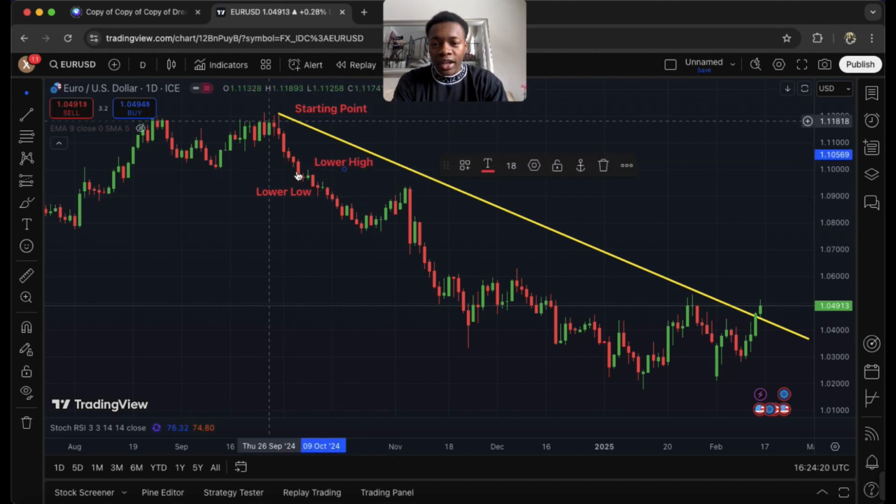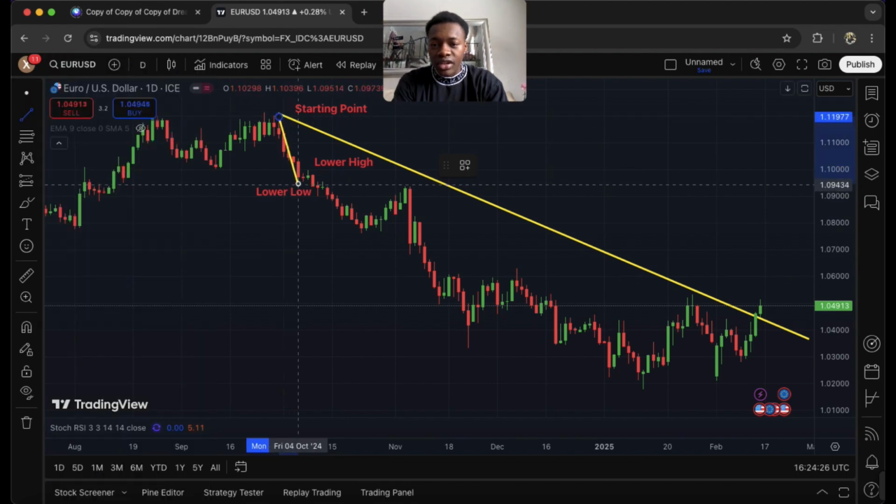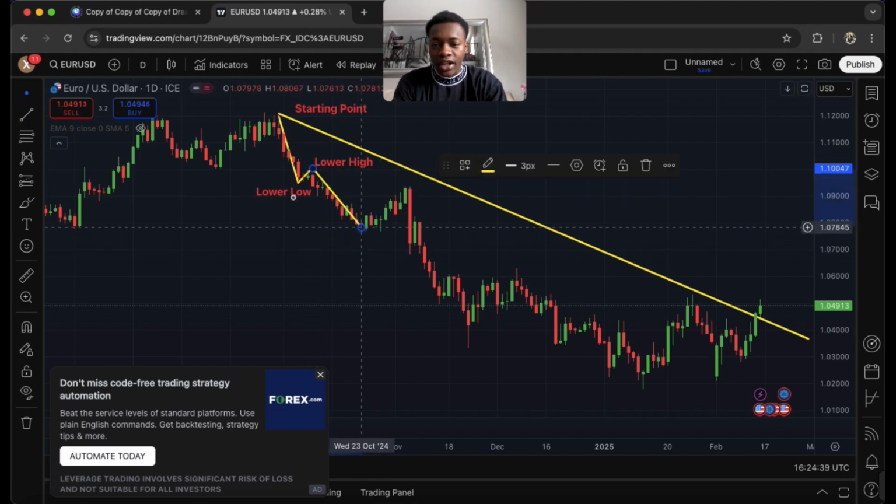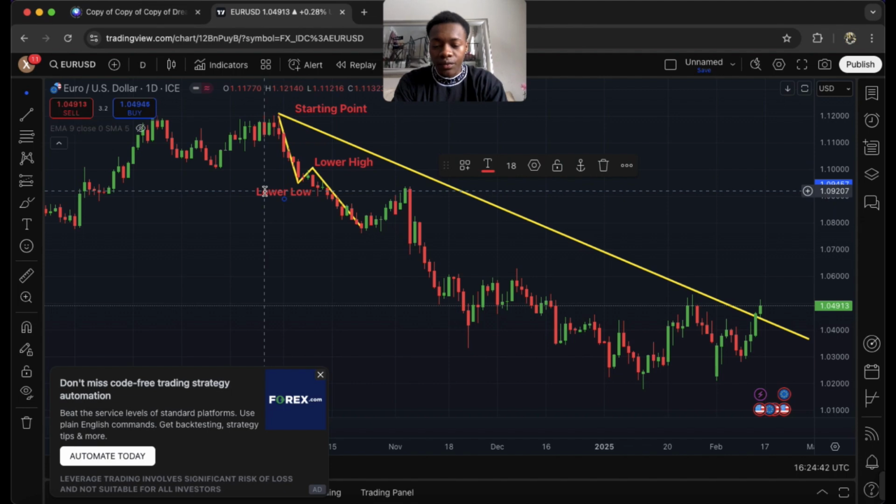And so the market came down, went up. Let's draw this out for you guys. So it came down to this point, created that lower low. And then it came up just a little bit and created that new high, but it's lower than that high. And then from there, it came down and it created another lower low.